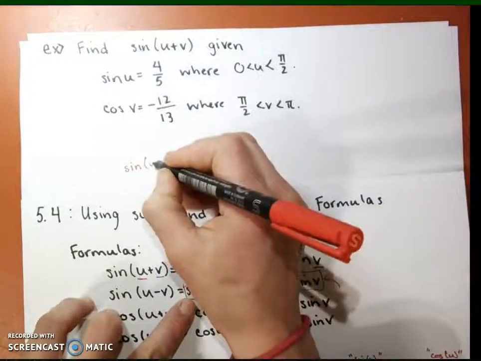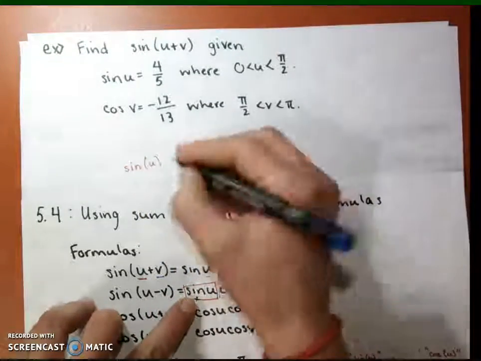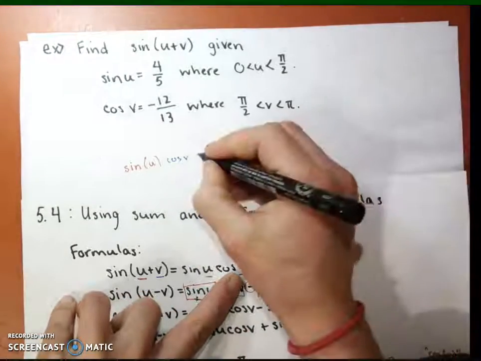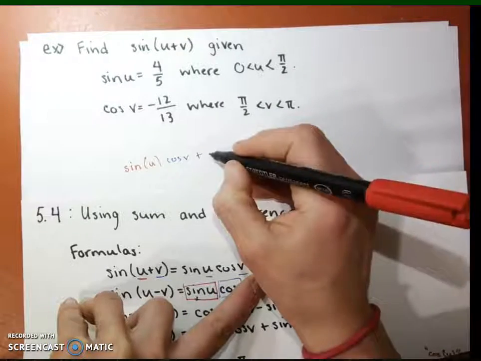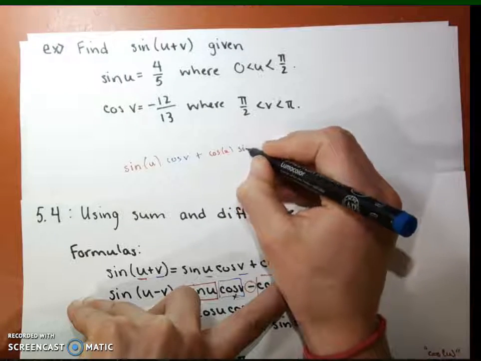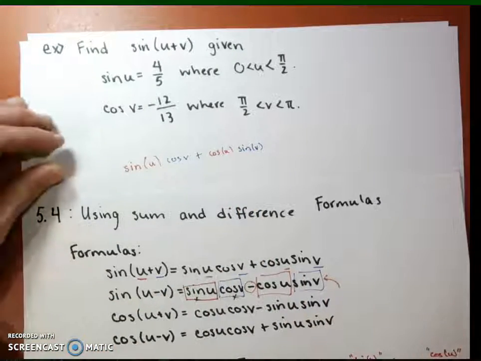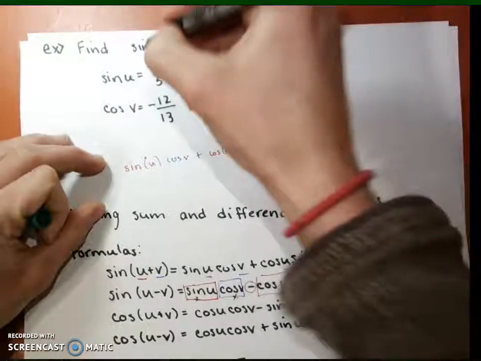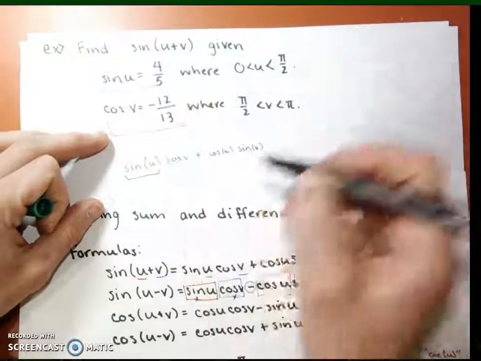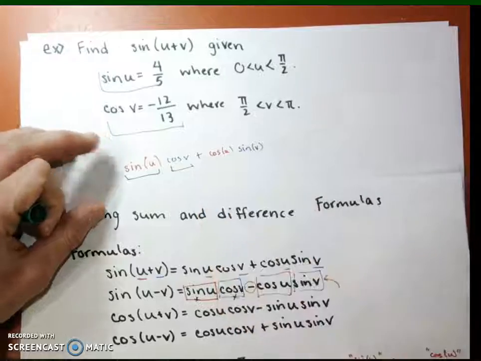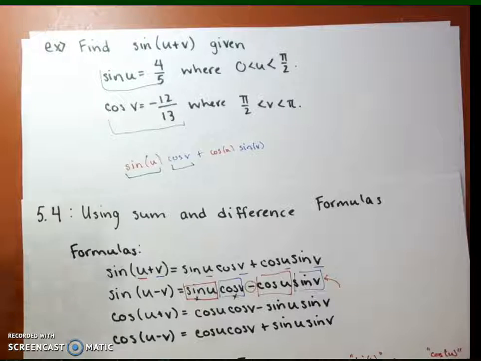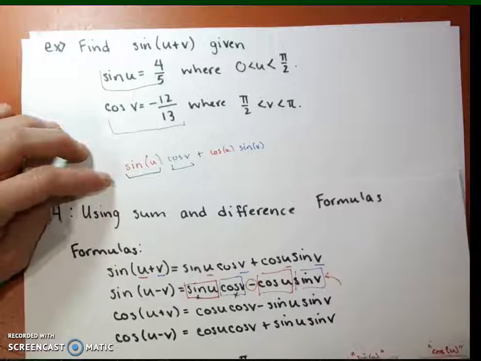So that's going to be sine of u times cosine of v plus cosine u times sine of v. And the values that I have, so sine of u I've got, and cosine of v I've got. So now I need to find cos of u and sine of v in order to plug into this formula. And to do that, I'm going to draw a triangle.